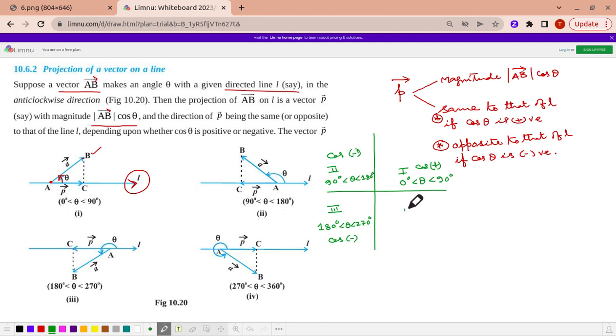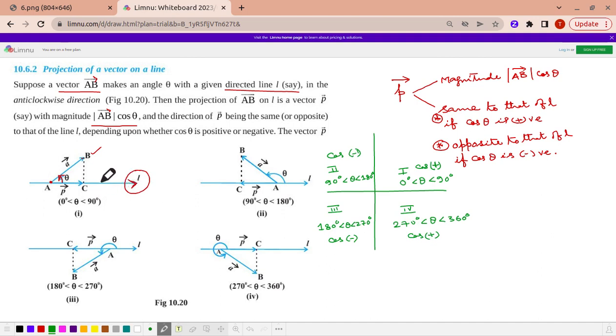Then in the fourth quadrant, theta is 270 degree less than theta less than 360 degree, and here cos is positive.